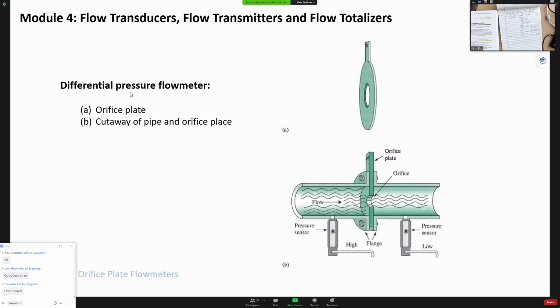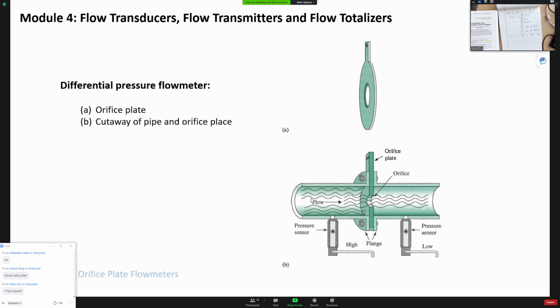They are based on differential pressure to measure the flow rate. So this orifice plate, they put inside the pipe. It's going to block the liquid flow in there, creating a smaller opening in the center.